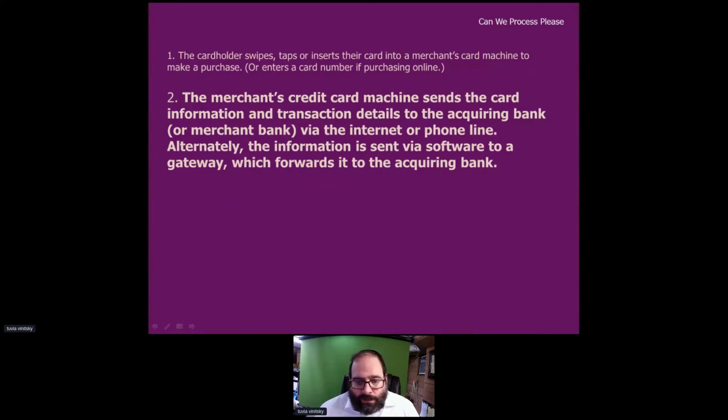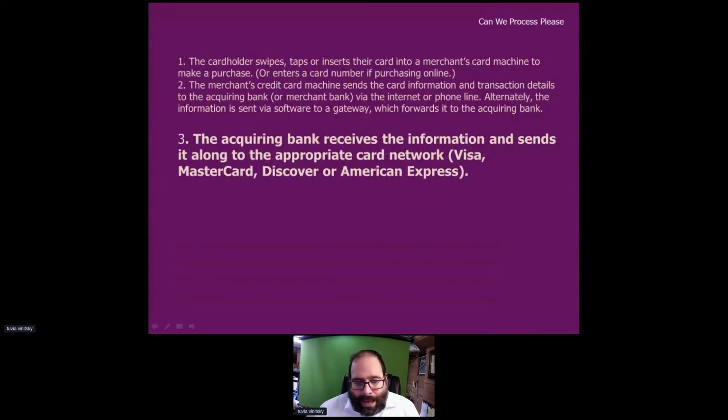Alternatively, this information could be sent to a gateway, which will then forward it to the acquiring bank. So step 2 is this information is gathered and it's sent, maybe through a gateway, maybe not, it's sent to the acquiring bank. The acquiring bank receives this information and sends it along to the appropriate card network using the encrypted VPN for the particular type of credit card.